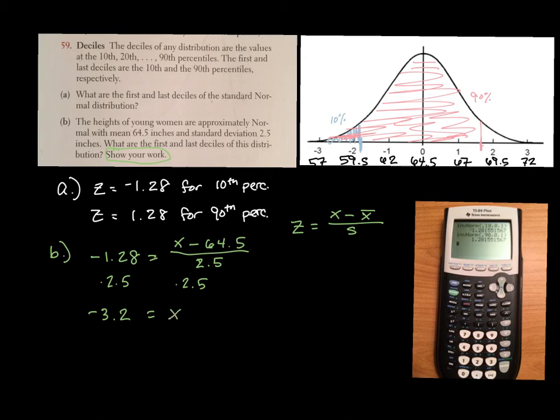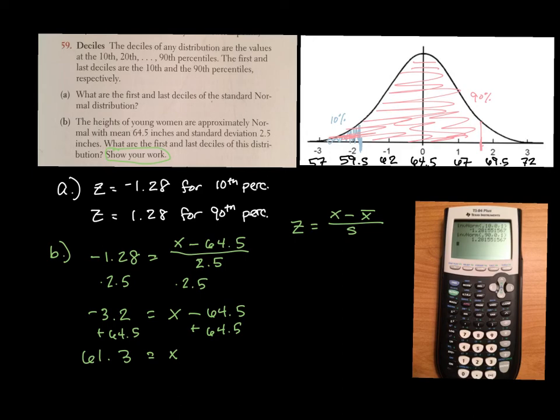And then on this side, I'm just left with x minus 64.5. And now to undo the minus 64.5, I do the opposite of minus, which is add. So I'm going to add 64.5 to both sides. So now x gives me 64.5 minus 3.2, which gives us 61.3. All right, so that's for our 10th percentile.